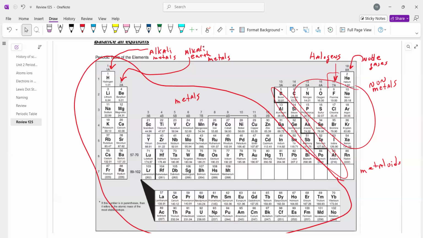Also, speaking of wet labs, decorating your lab coat is due anytime between now and the end of the semester. I like to see them, and then we can talk about what you did.